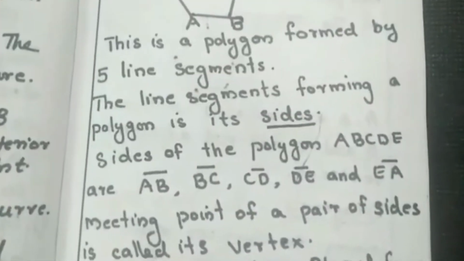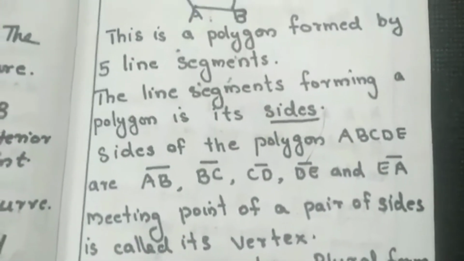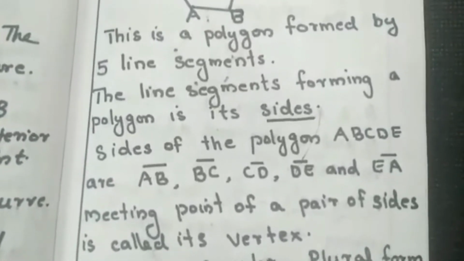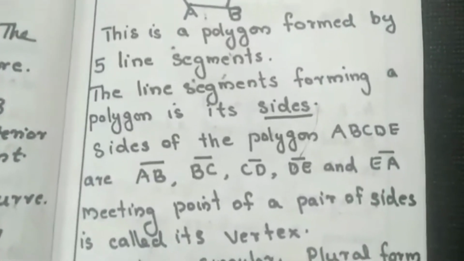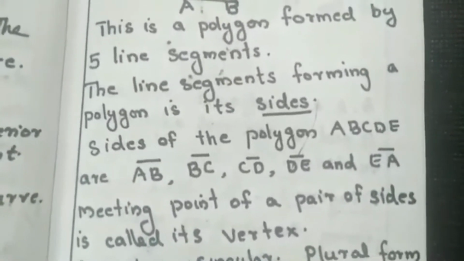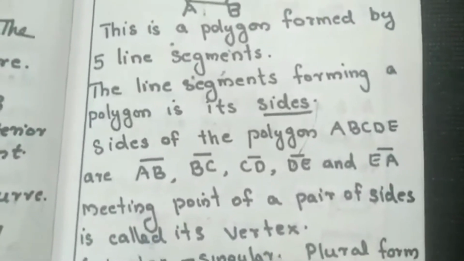Now, the vertex. What is a vertex? The meeting point of a pair of sides is called its vertex. A pair of sides means 2 sides.